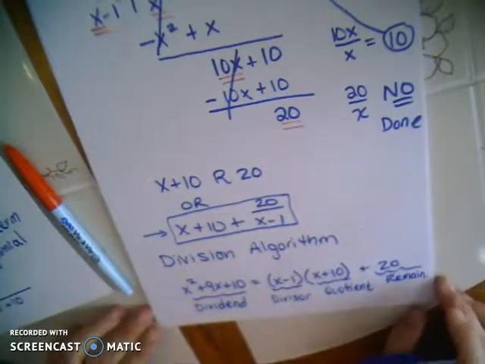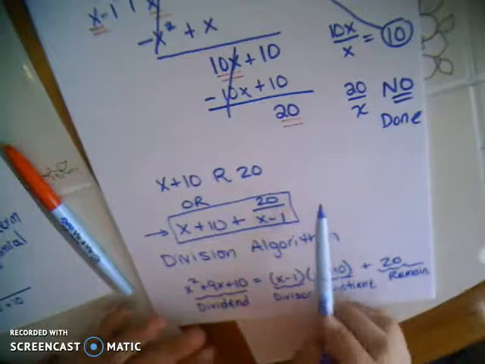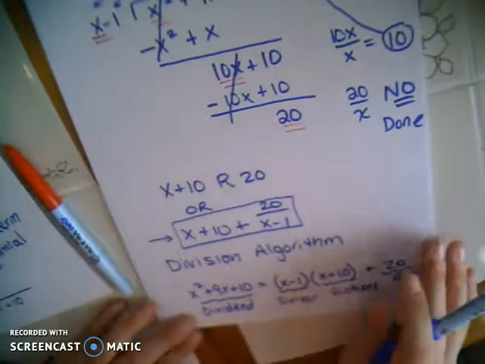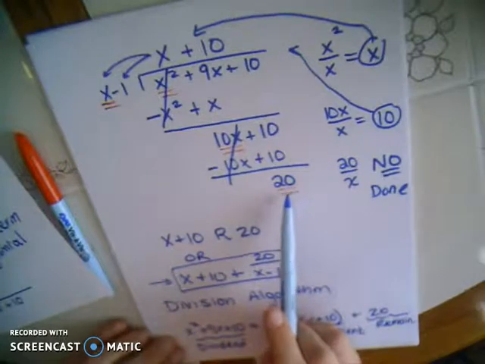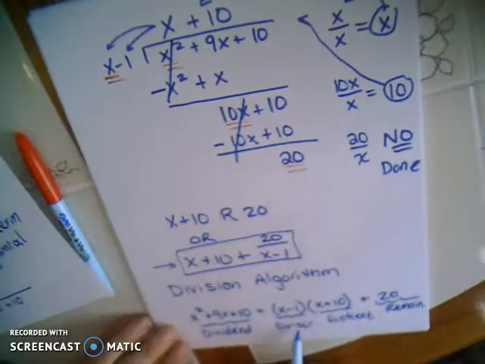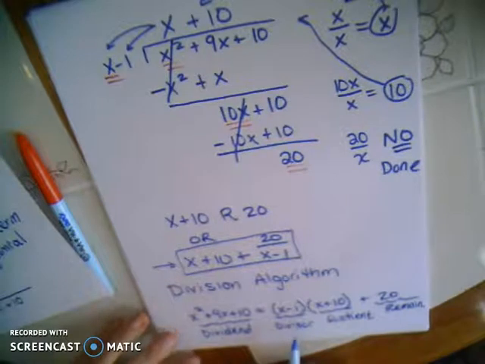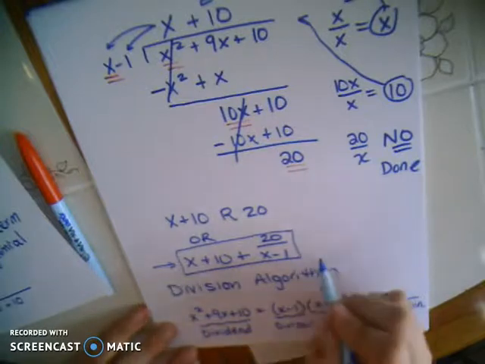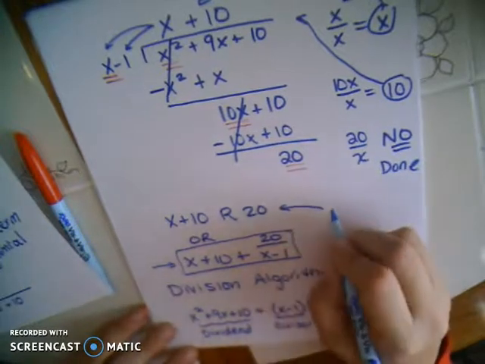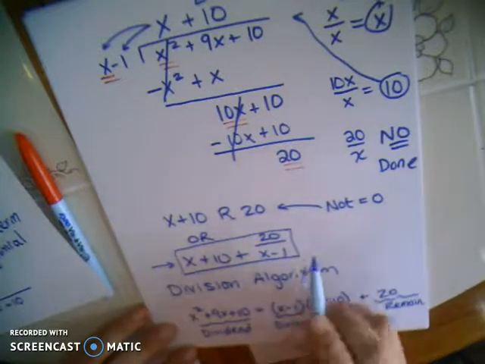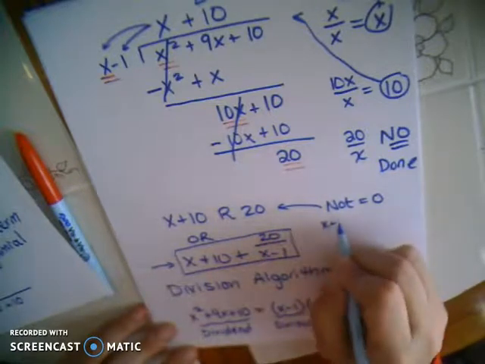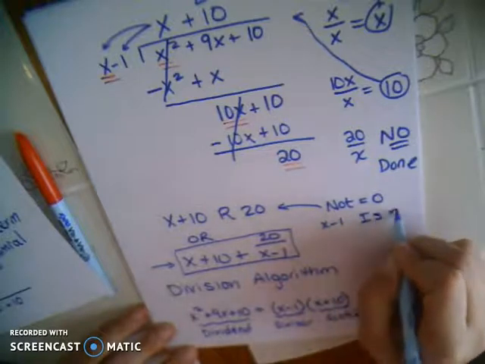So one thing I want to point out real quickly before we move on is that this division problem had a remainder. And when you have a remainder, that means that our divisor does not equally divide our dividend. That means it's not a factor. So because we have a remainder, because it's not equal to 0 in the remainder, that means that x minus 1 is not a factor.